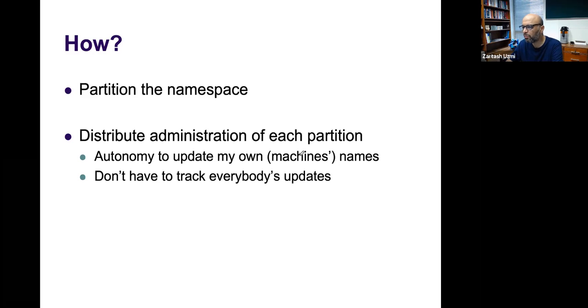So for example, the LUMS IST department will be responsible for making the translation. LUMS is authoritative for making the translation for all the machines which belong to LUMS. And when we say belong to LUMS, it means that their host names end with lums.edu.pk.